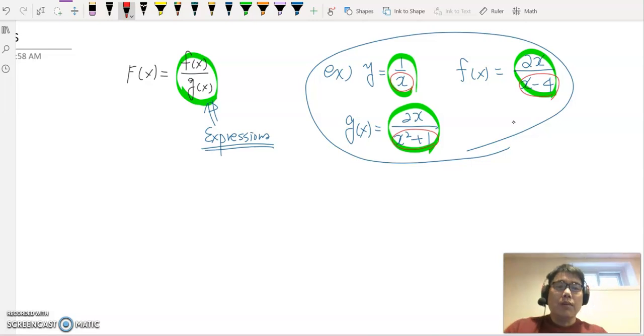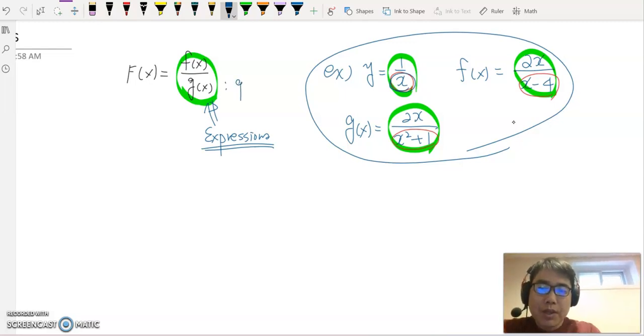Okay? So now you know the meaning of the variable. Variable means it can be a random value, so we can input any numbers into the variable. Therefore, for the rational function, we have one restriction, which is g(x) cannot be 0.